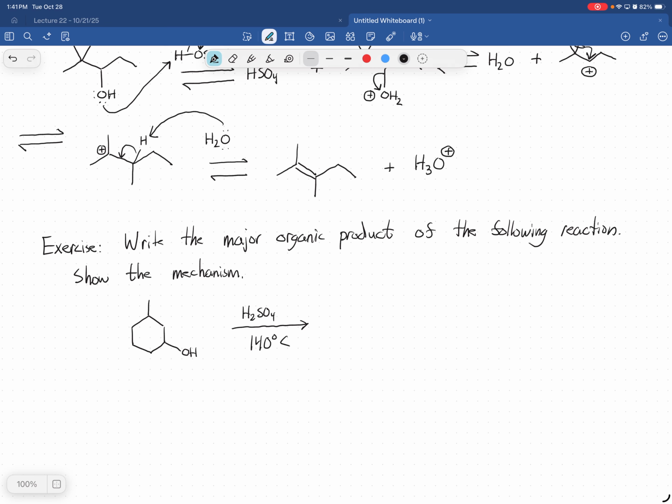So here, I'll just tell you, there's 2 similar products, all right? So here you want to see how many products you can get. You have 2 similarly substituted alkenes, okay? All right, let's see if we can determine what those are. All right, take about 5 to 6 minutes.